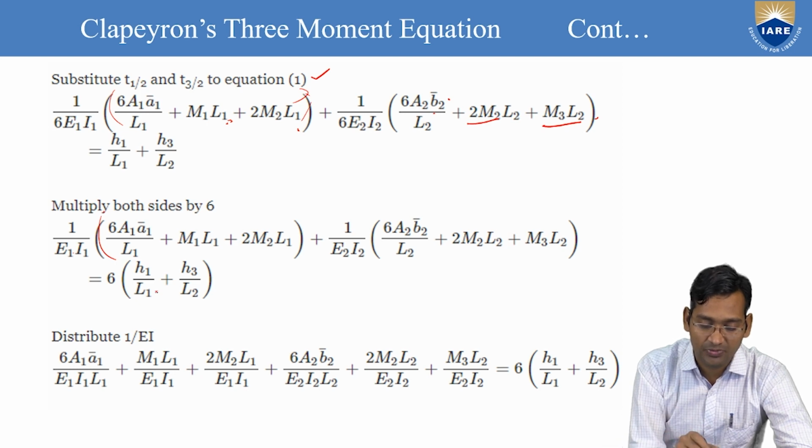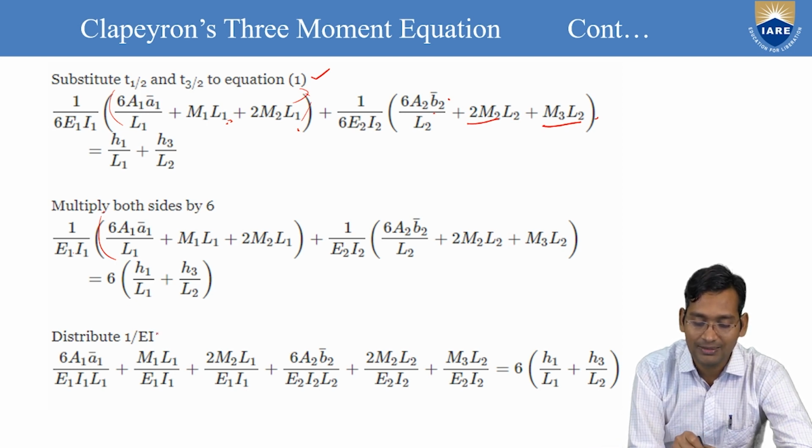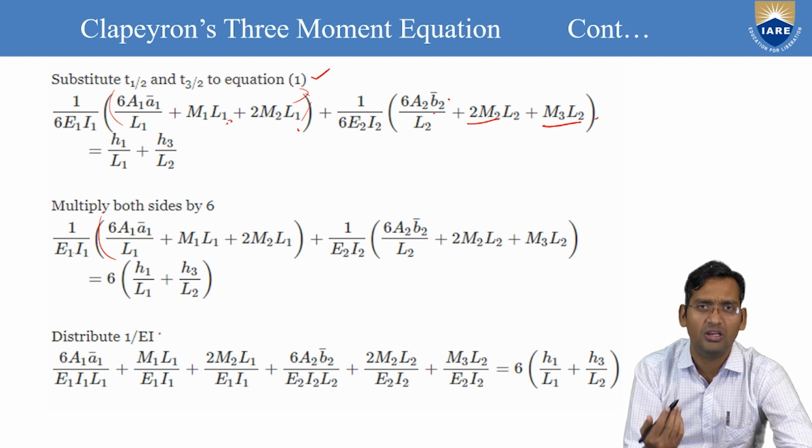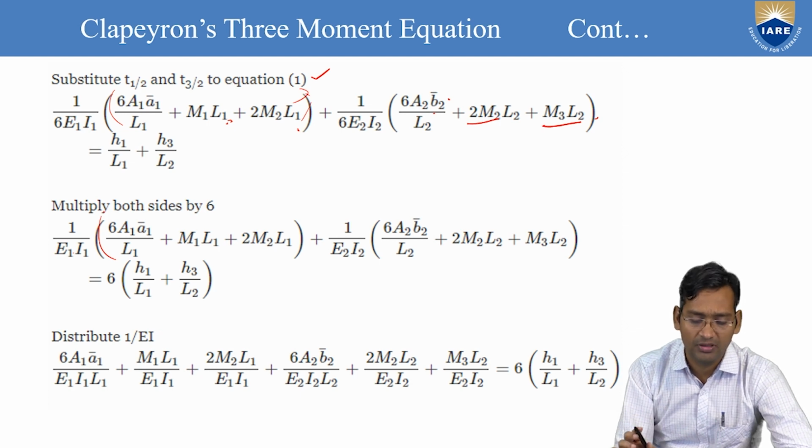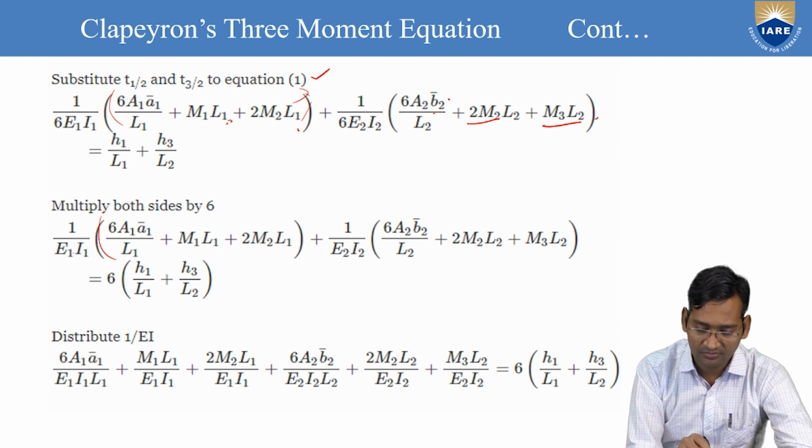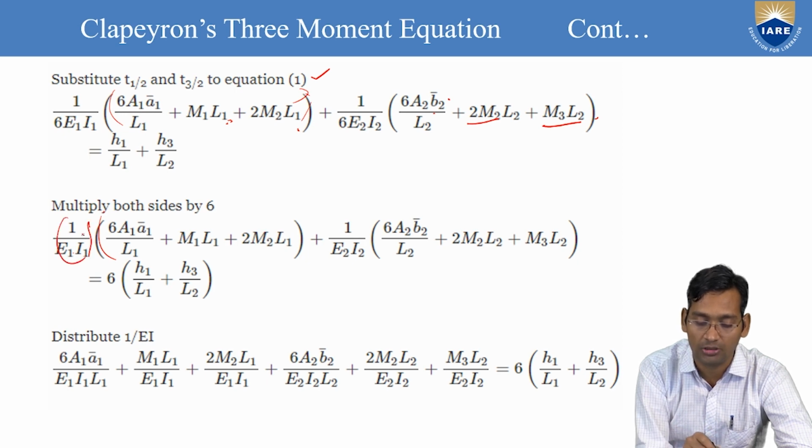Now this is there. Now just divide by 1 by EI, or in other words, multiply by EI. So whatever term is there, now just see here. Sorry, distribute one. So just multiply this term to all the terms. So this into this one, similarly this into this one, this into this one.